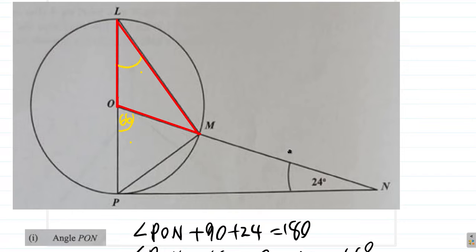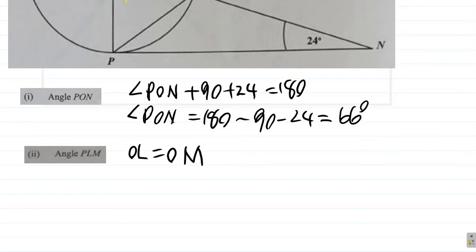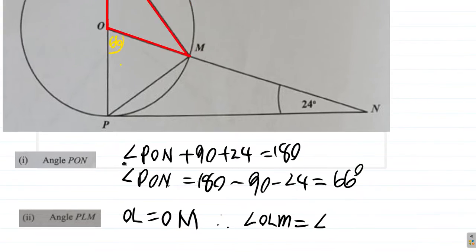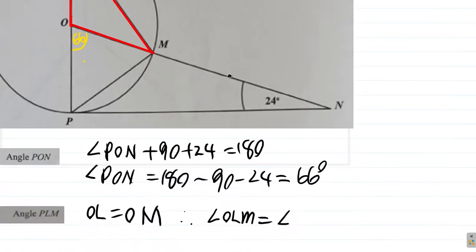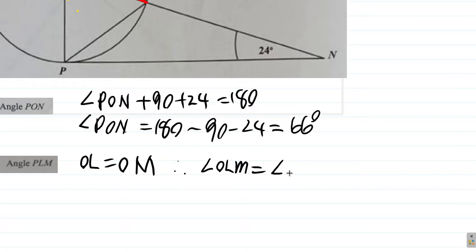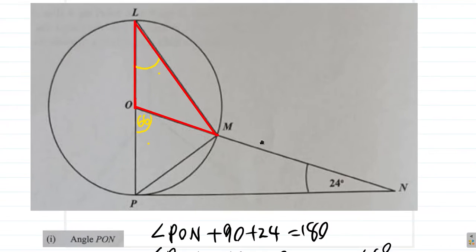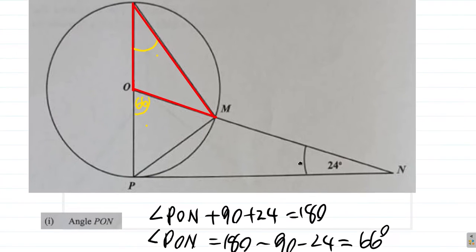What does that mean? It means angle OLM. Therefore, angle OLM equal angle OML. Call them X equal X, whatever X is. Alright?